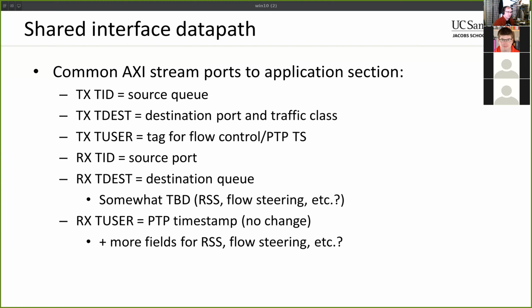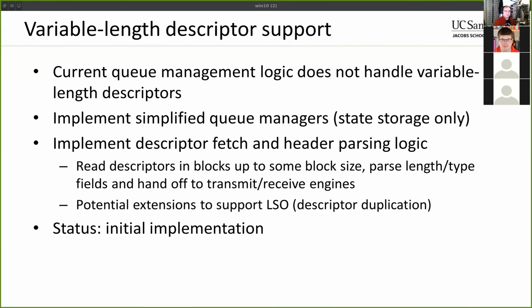And then what I'm going to be working on after this are variable length descriptor support and PHY CSRs and a few other things which I've talked about before. I don't have much else to show for these because they've been kind of on the back burner. But just to recap, variable length descriptor support, this will improve the performance, hopefully, and allow you to do some more interesting things in terms of interfacing with the core logic.